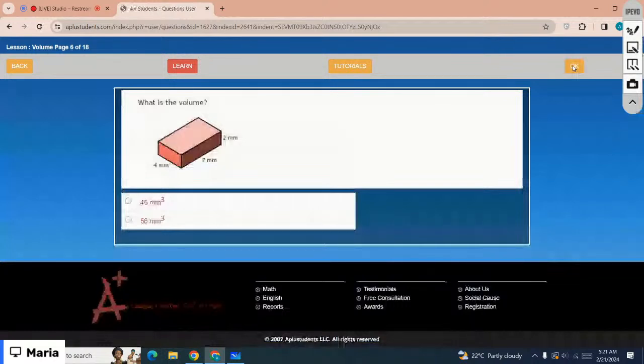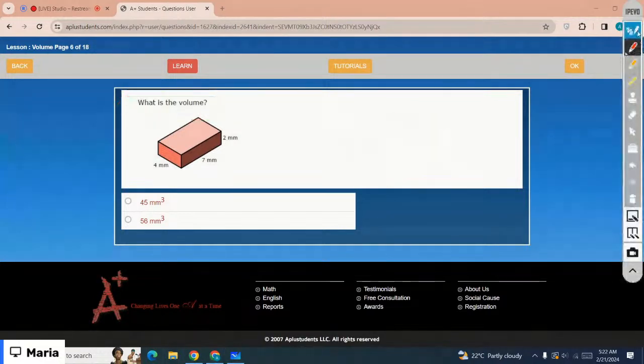Okay, now we have the rectangular prism finally. What is the volume? Whenever we need to calculate the volume of the rectangular prism, you have to multiply length times width times height, right? So length is 4, width is 7, height is 2. You have to multiply, right? So 7 times 4 is 28 and 28 times 2 is 56 millimeter cube.